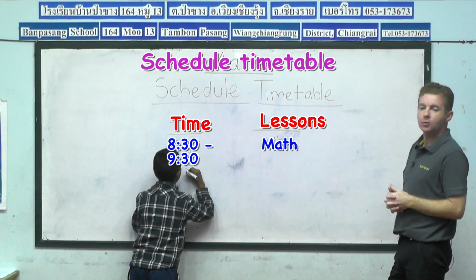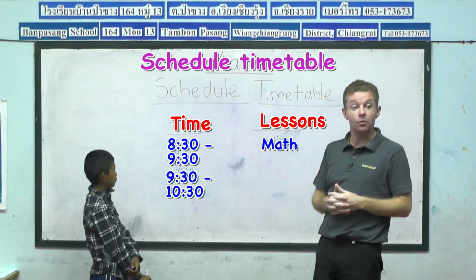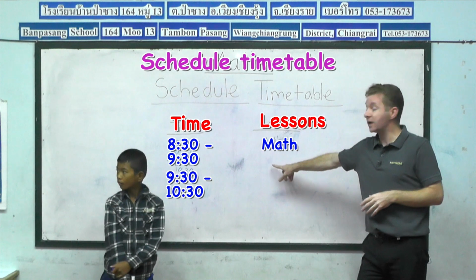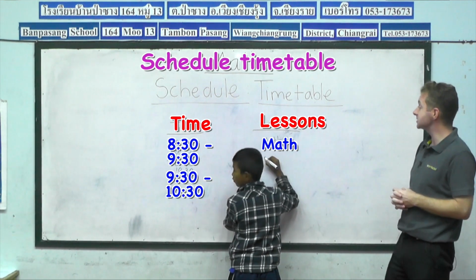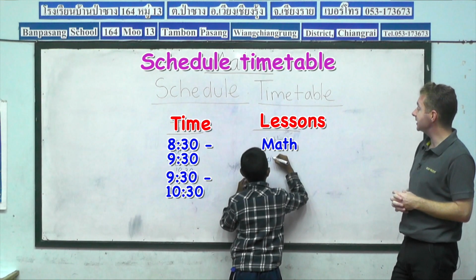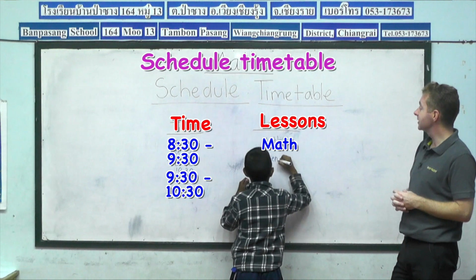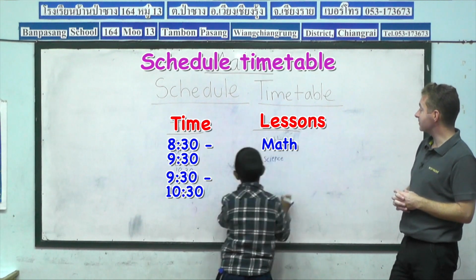And what class do you have at 9:30 today, guys? Science. Okay, so after math class, we have science. And science is spelt S-C-I-E-N-C-E. Perfect, Pat. Very well done.